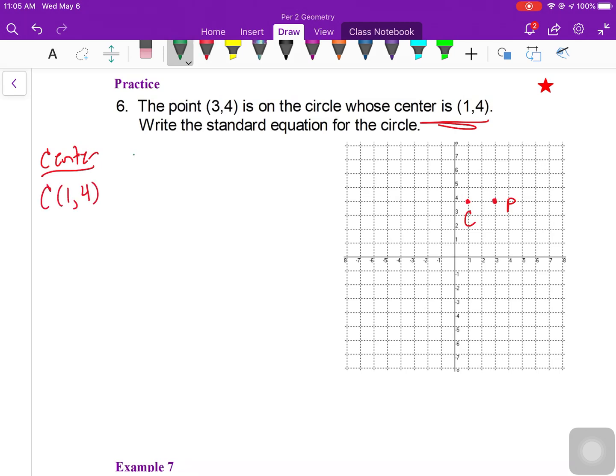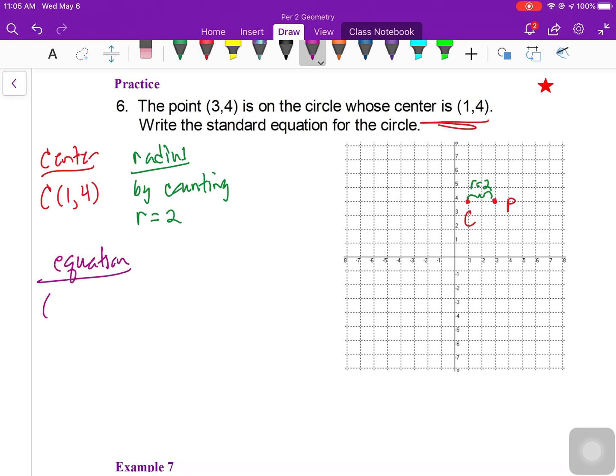Always, to write the equation, you need the center, which they gave us, but then you need the radius. This time I think we can get the radius by just counting. I think this distance is straight to the right 2. So the radius is just 2. And now we can write the equation.